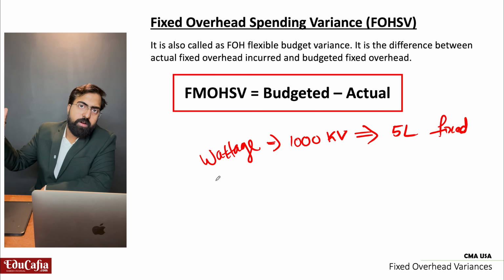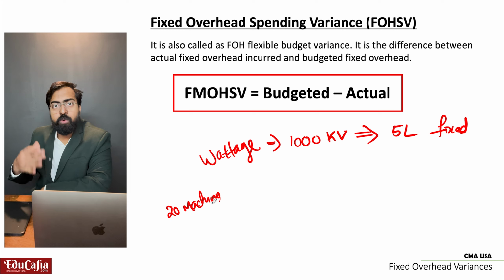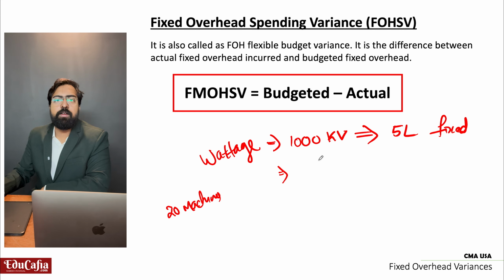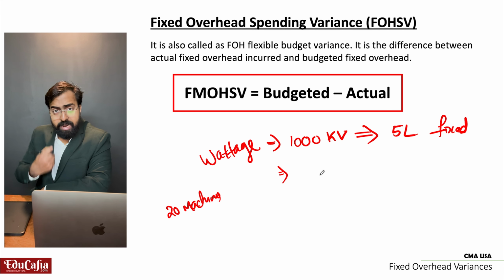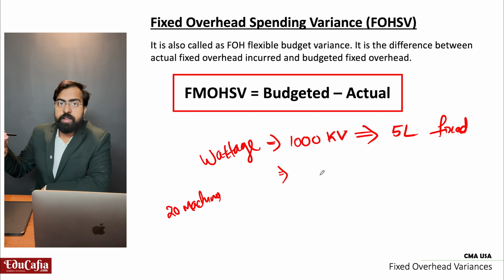But I bought 20 new machines for my factory for doing extra things. So for this I need more wattage, more current. What I am getting right now is not enough to run my factory. So I will go and ask the KCB, or whatever electricity board department, that I need more electricity.